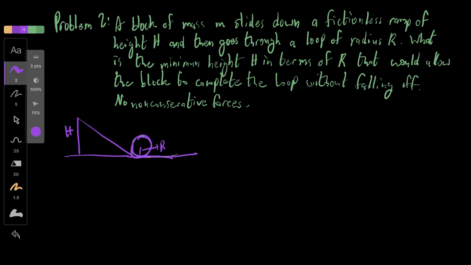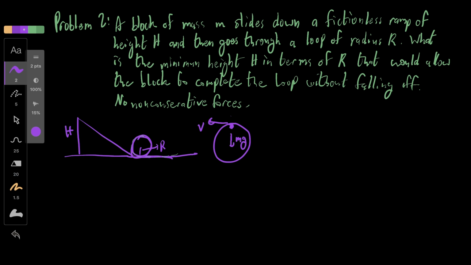So, if we draw another diagram, zooming in on the loop, we have our block over here, its weight pulling downwards, and the normal force going upwards, and the velocity going towards the left, which is our minimum speed.